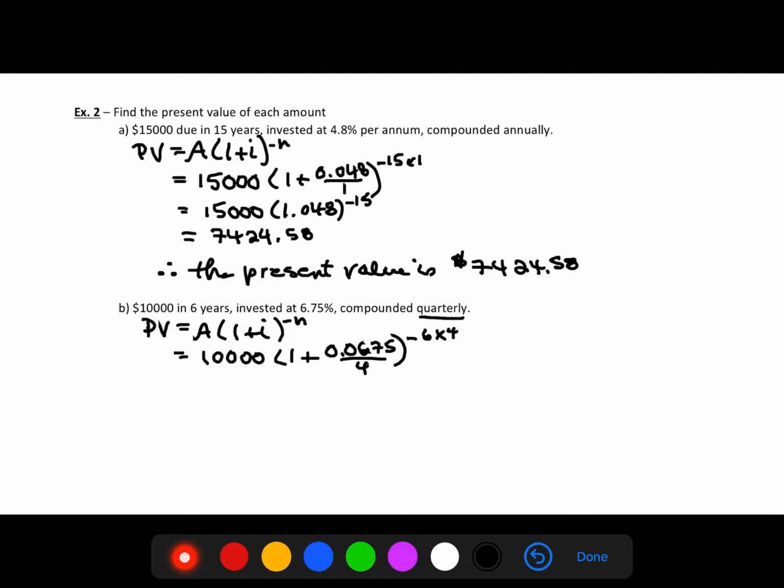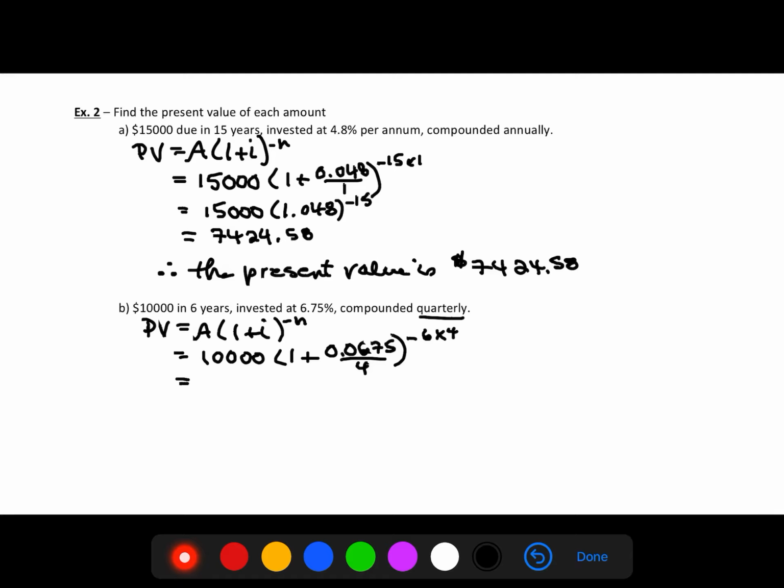Compounded quarterly means 4 times a year, so we have to divide our interest rate by 4, so we have an interest rate per quarter. And our exponent, we're going to have 6 times 4 because interest is going to be calculated 24 times on that amount over 6 years.